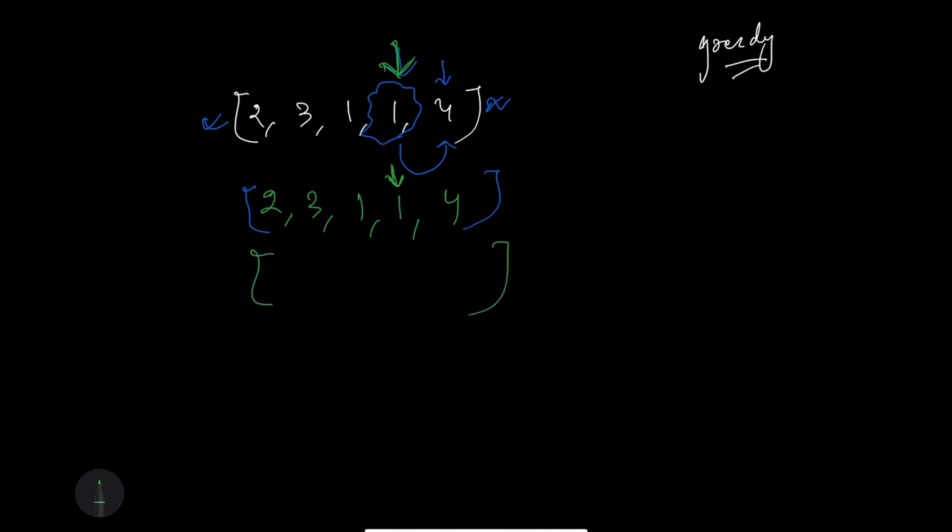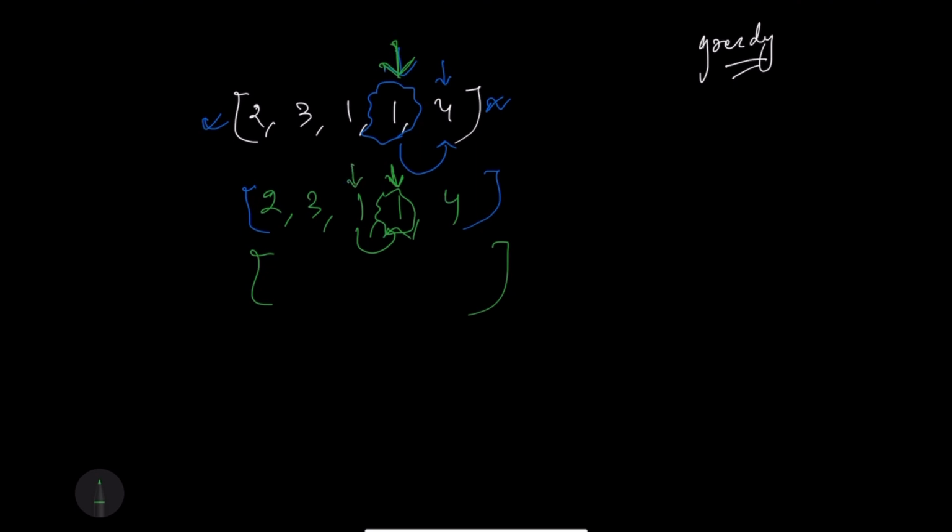Now what I would try to see is how can I reach this one. So I will check the previous element. So my previous element is 1. So by taking just a single step, am I able to reach there? Yes, I am able to reach there. So what I will do is I will just change my goal.